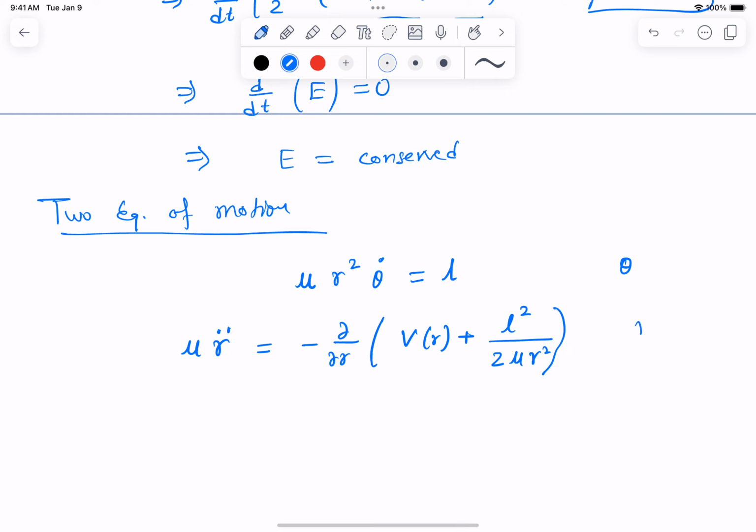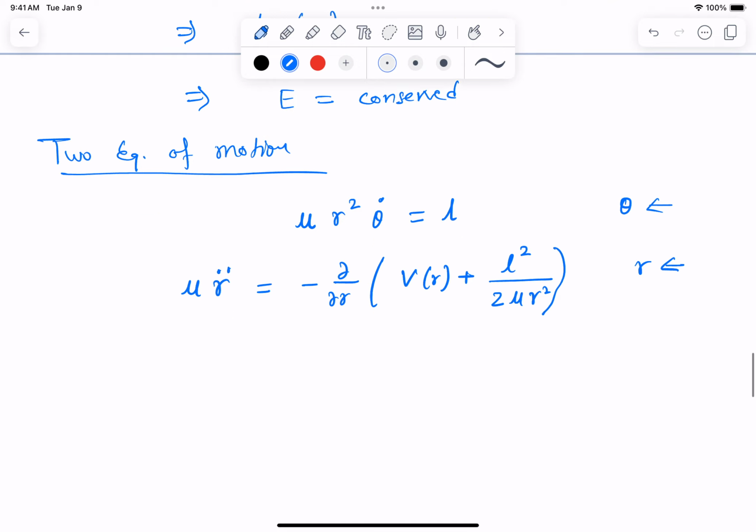And this is the equation of motion for r. So these are our two equations of motion, and in principle what you do is, the second equation, the r equation, does not depend on theta. So you first solve this equation analytically, once you have a functional form of V, and then once you get the solution for r, you substitute it in the first equation and then solve it.